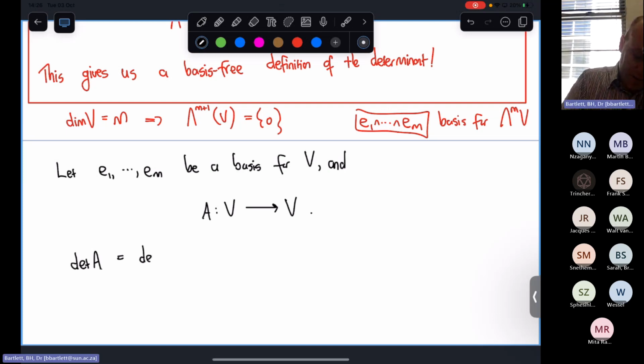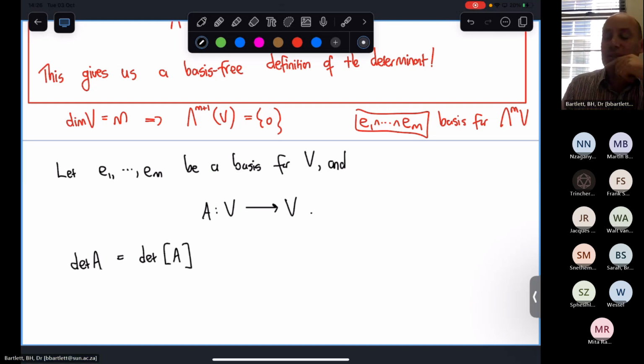In undergraduate math, I think you'll agree with me that the first thing is we convert A into a matrix, right? Because what we tell the students is how to calculate the determinant of a matrix. And so how do we tell them what the determinant of a matrix is? Well, at least at Stellenbosch, we only really define it for 2x2 matrices, and well, no, we do define it in general, right?